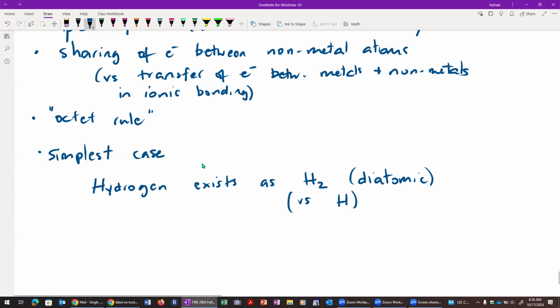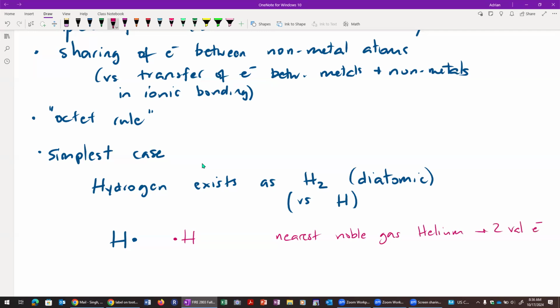So if I have a hydrogen atom like this, based on what we talked about previously, we can represent its valence electron. It's in group 1, so it's got 1 valence electron like that. If I have another hydrogen atom close by, it's got its 1 valence electron like that. The nearest noble gas to hydrogen, the nearest thing that's the most stable, is actually helium, He, and helium has 2 valence electrons.